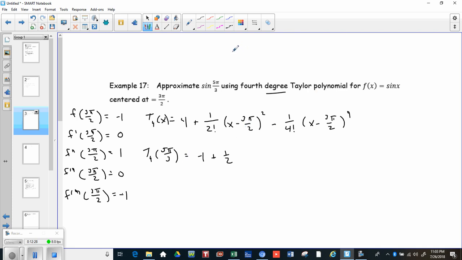You have to multiply this by 2 over 2, so 10 pi sixths, minus 3 pi halves multiplying by 3 over 3, 9 pi sixths, so we get pi sixths. So we'll have times pi sixths squared. This is minus 1 over 24, that's 4 factorial, and then pi sixths to the fourth.